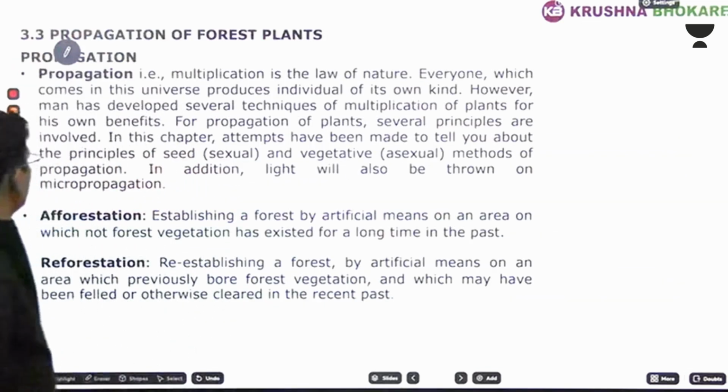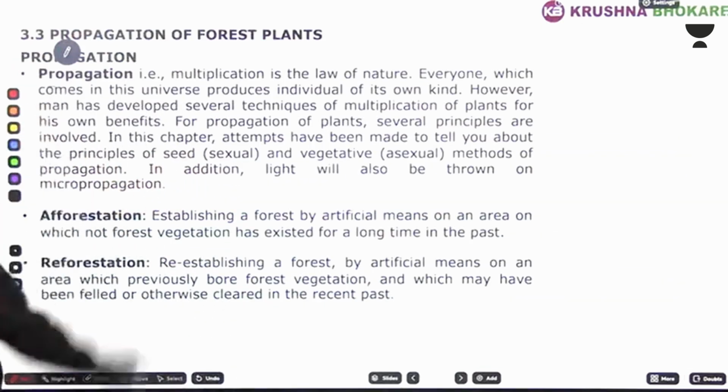Okay, so what is propagation? Definition: multiplication is the law of nature. Each and everyone wants to multiply their own kind. If any creature on the surface of earth is not multiplying their offspring, what will happen? That will get extinct from the surface of earth. We humans are producing our children, plants are producing new plants, birds are producing young birds, animals are producing young animals.